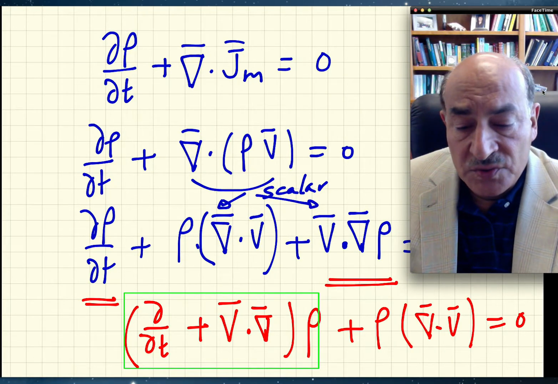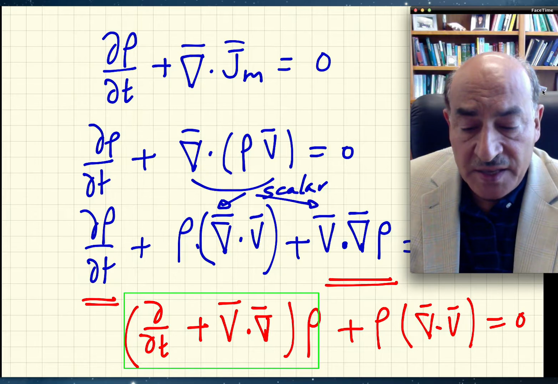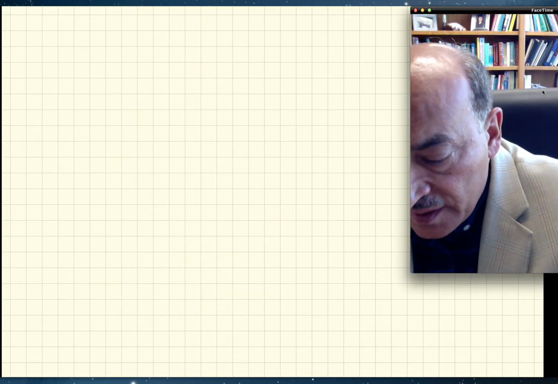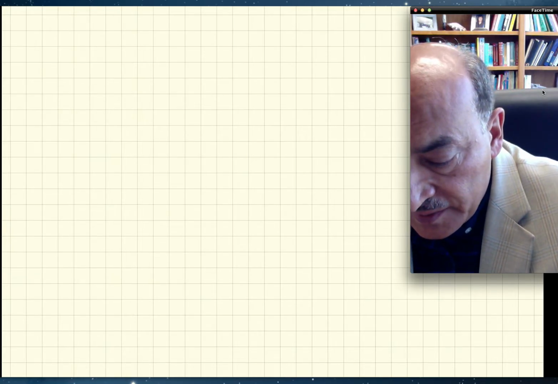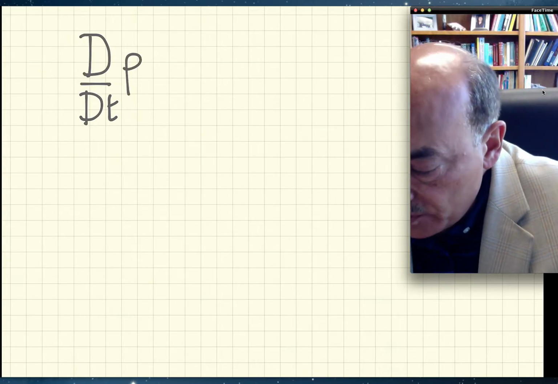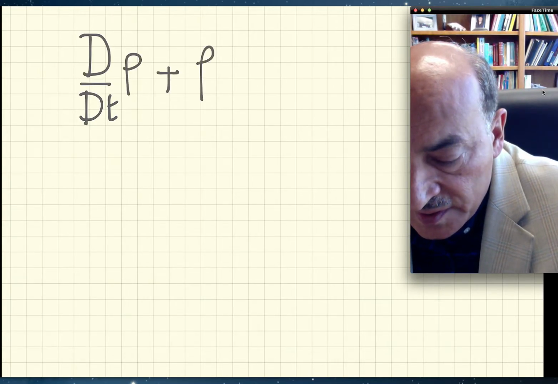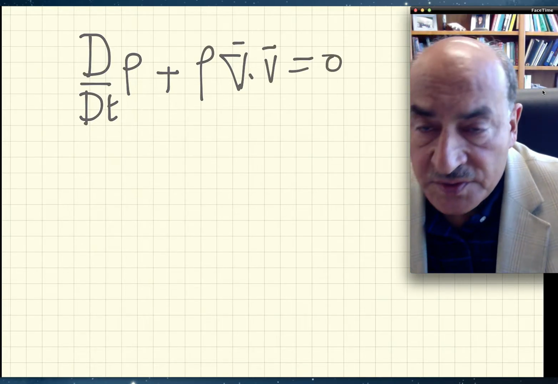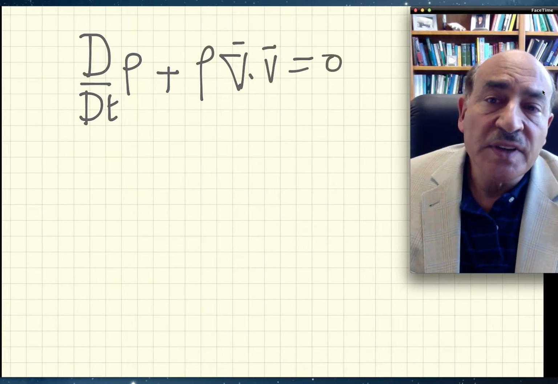So let me just clear this page and then write it. Now I have, instead of the two terms, capital D by capital Dt of rho plus rho times the divergence of V is equal to 0. So this will be the conservation equation that we have.